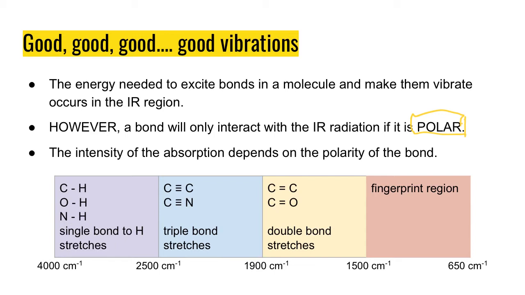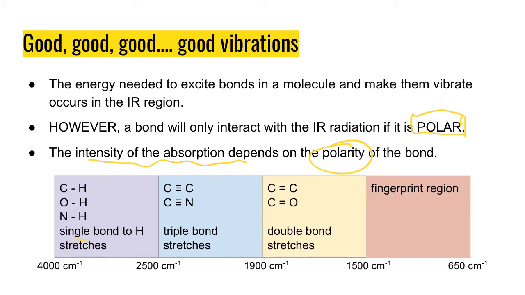The intensity of the absorption is dependent on the polarity. The more polar the bond is, the more absorption we are going to get. We get a little bit of absorption from some of the non-polar stuff, depending on how it's connected to polar bonds, but those polar bonds are going to be absorbing really, really big.